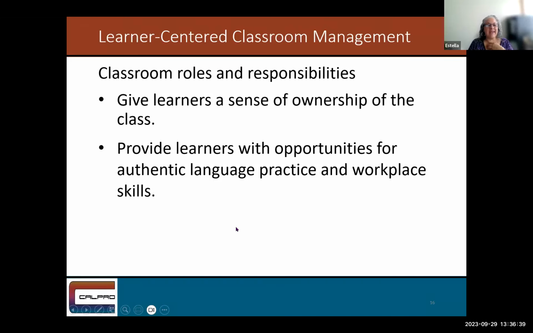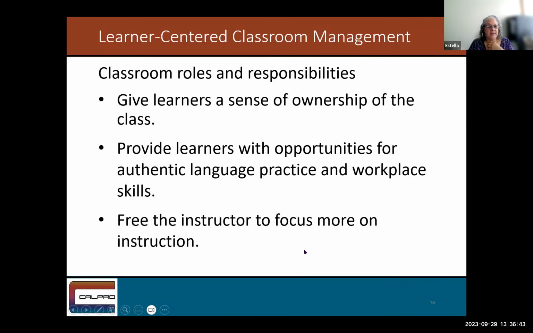We're mirroring what's happening outside of the classroom. And then another is that it frees you, the instructor, to focus on more instruction. So learner-centered classroom management and classroom jobs reflect principles of adult learning from, for example, Knowles and Ferrer. Adult students are motivated when they feel comfortable in the learning environment, have a variety of learning options, and have opportunities for social learning.